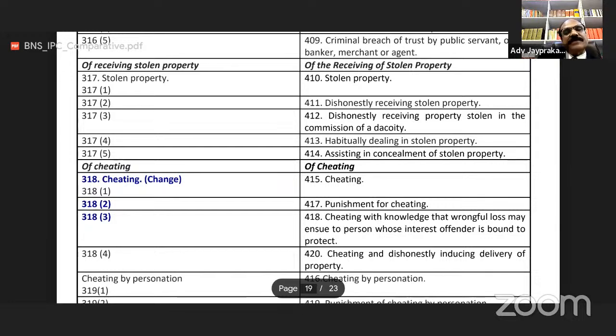We only have to keep in mind 317. But in IPC, sections 410, 411, 412, 413 and 414, all these 5 sections were related to stolen property. Now only section 317 is related to stolen property, but a different classification is given in the subsections.